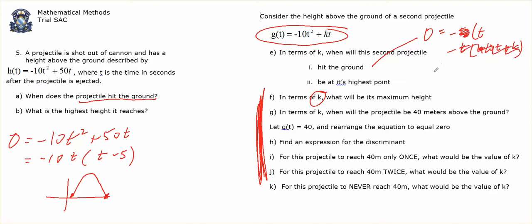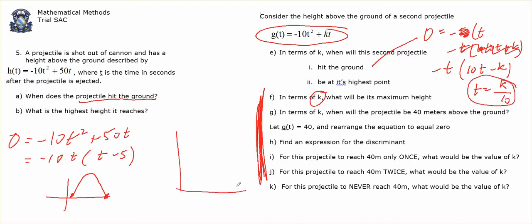Minus t outside of 10t minus k, therefore t equals k on 10 will be when it hits the ground. So I now have a graph that looks like this. k on 10 is when it hits the ground.